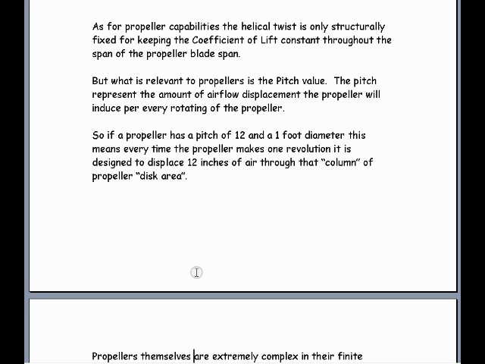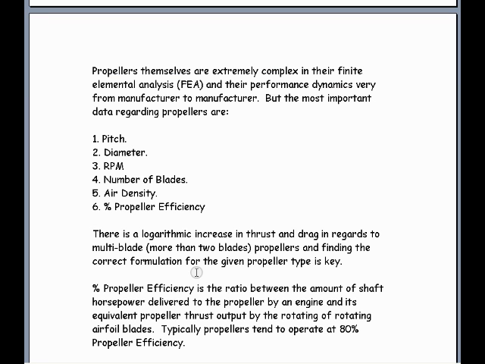Propellers themselves are extremely complex in their finite elemental analysis, and their performance dynamics vary from manufacturer to manufacturer. But the most important data regarding propellers are the pitch, the diameter, the RPM, number of blades, air density, and percent propeller efficiency.